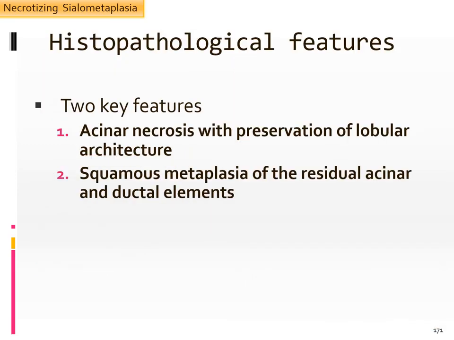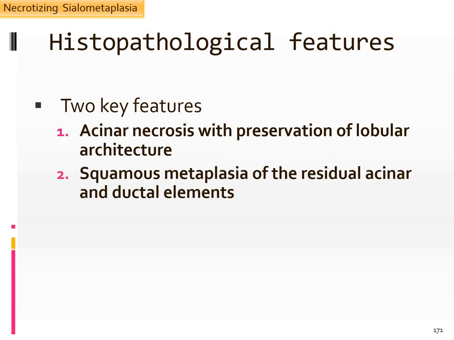The two key histological features include the necrosis of the salivary gland tissue with the lobular architecture maintained. That means, if you remember in adenoid cystic carcinoma, we saw the lobulated pattern. The central portion of the lobules will suddenly disappear. So you will just have a skeleton of the fibrous tissue around.